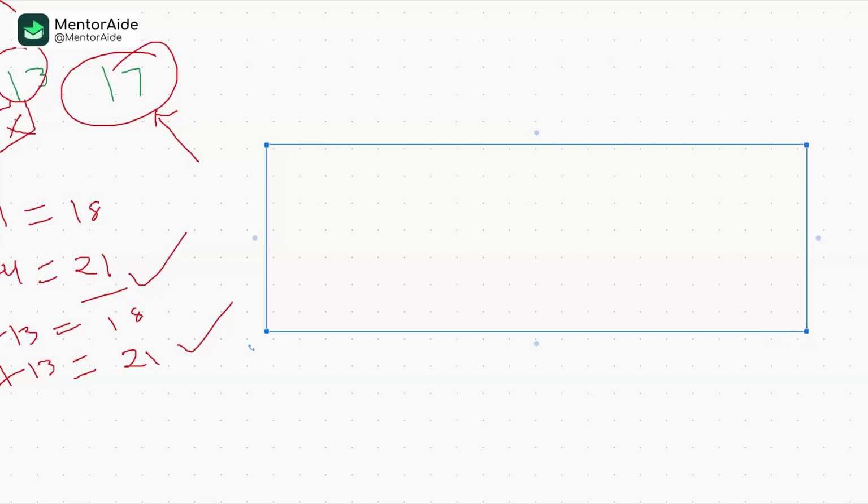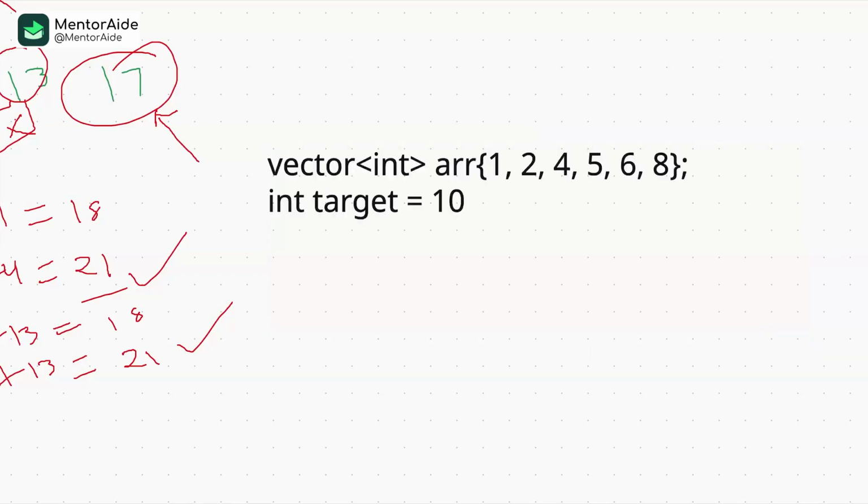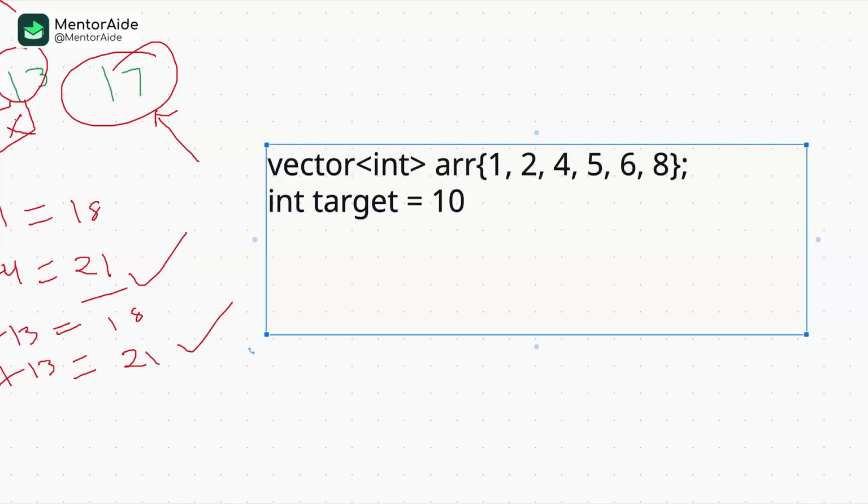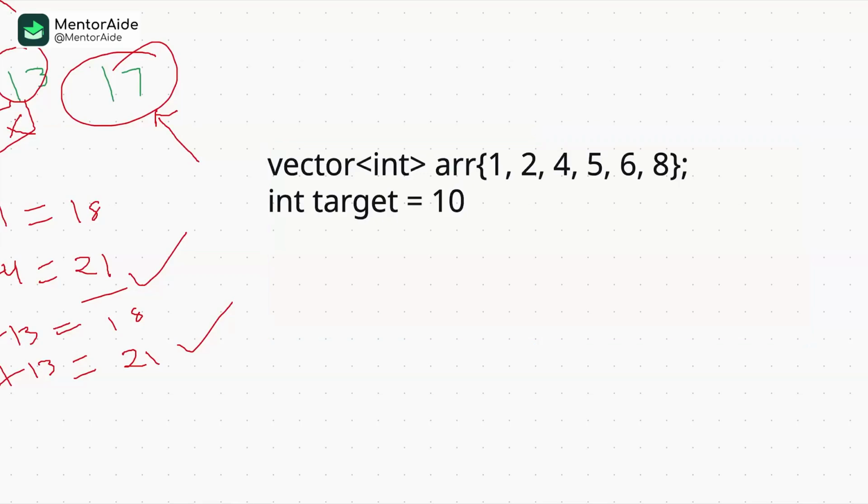Maybe you need to move the screen. Are you able to see whatever I draw till now? Yes, sir, it's visible now. Maybe there was some lag. That's it. Just give me a second.